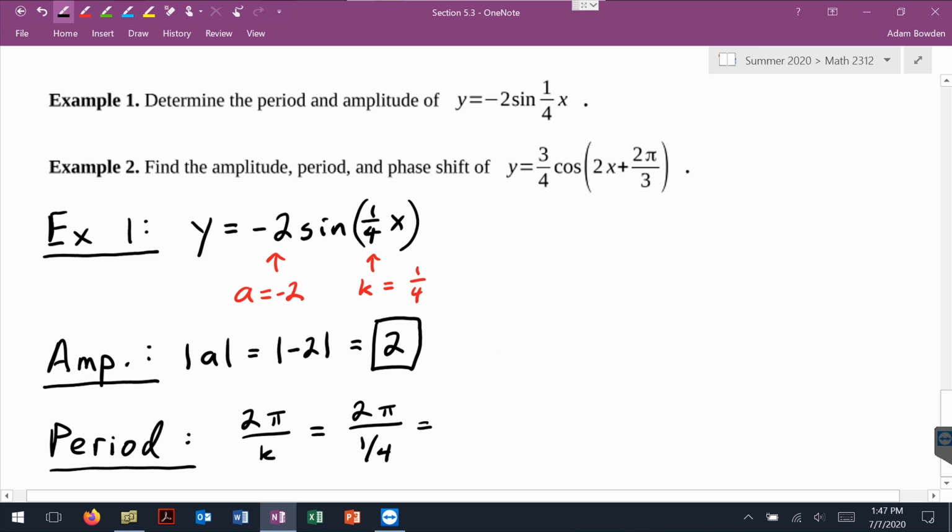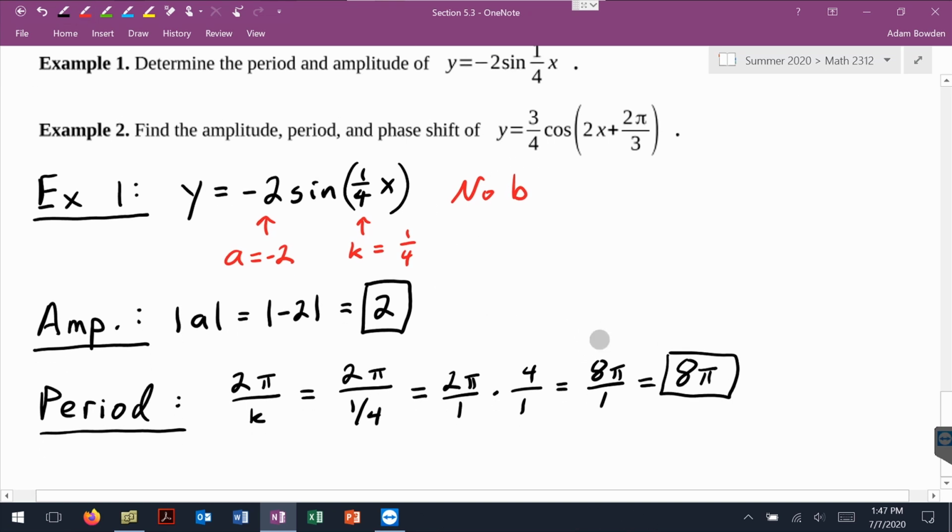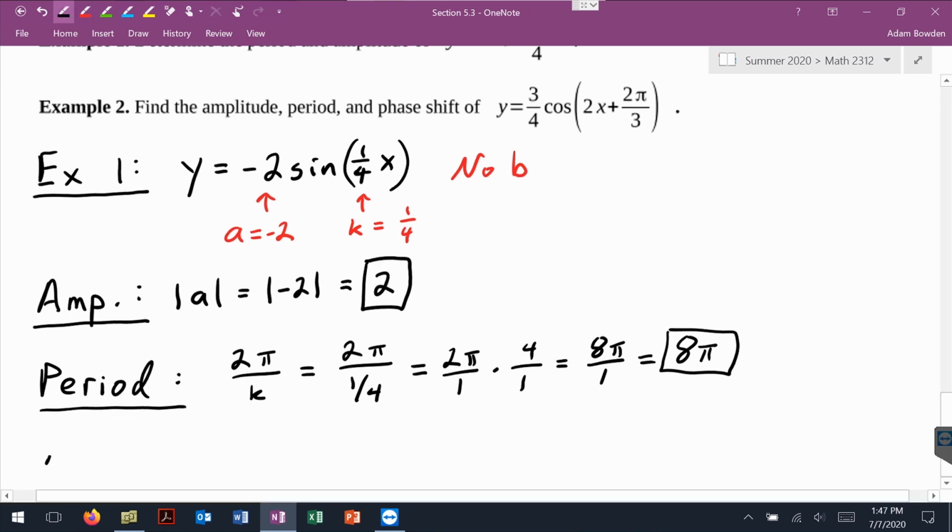When we divide by a fraction, we multiply by its reciprocal. So that will look like 2 pi over 1 times 4 over 1, which would equal 8 pi over 1, or just 8 pi. Now in this situation, there's no number for b, so we get no phase shift.